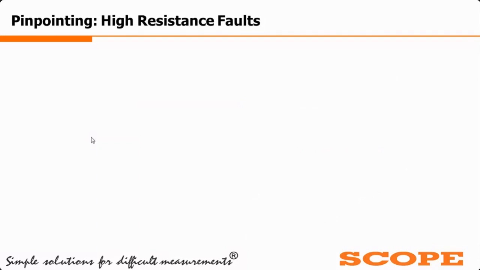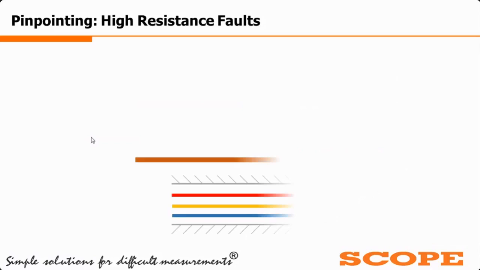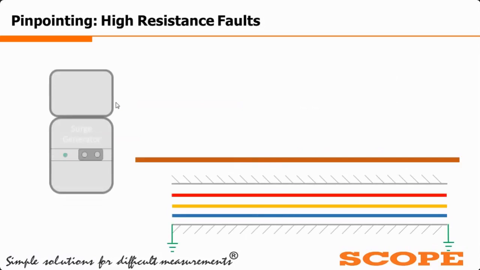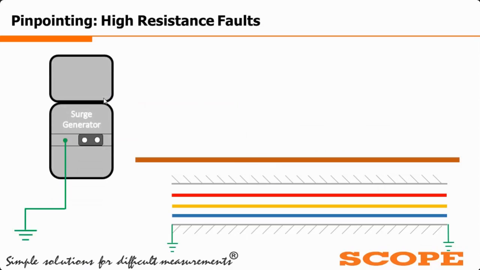After successful route tracing, you have to remove the audio generator and connect the surge generator to the faulty cable. The surge generator will apply high voltage surges after a certain interval, which is set on the surge generator instrument.